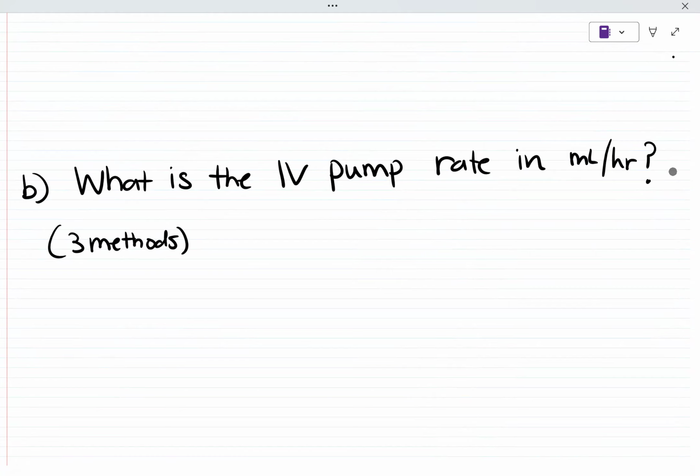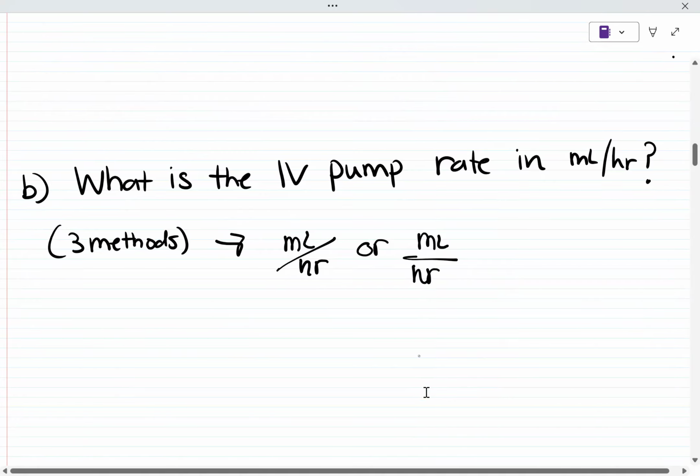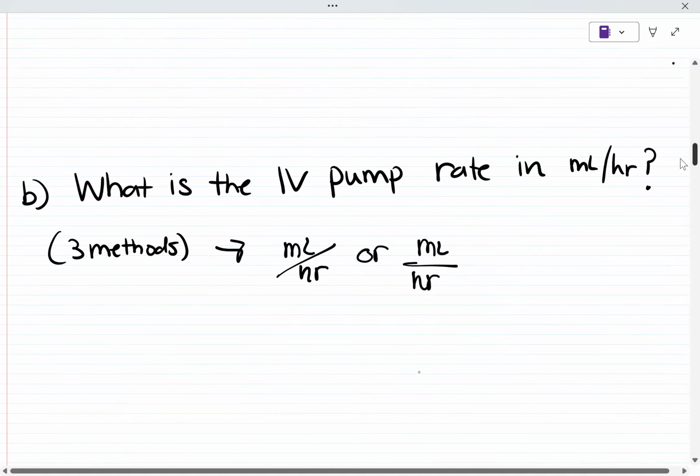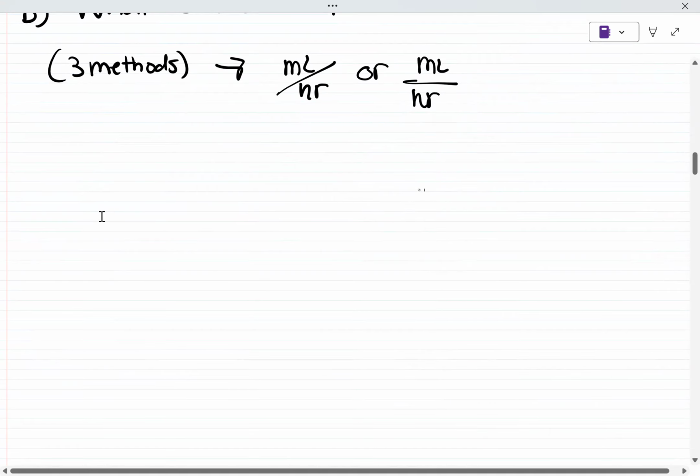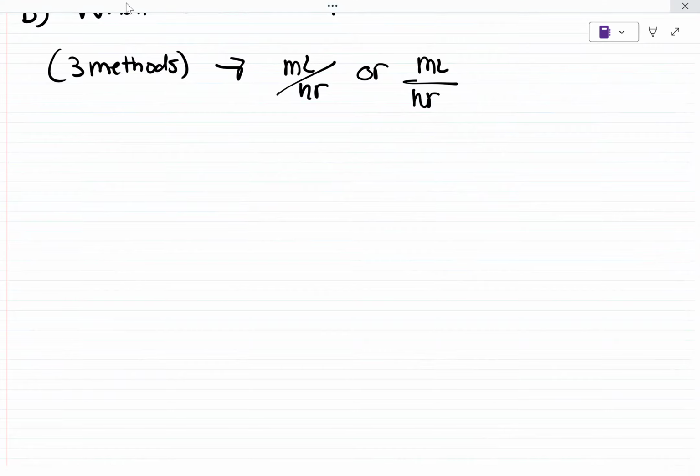So our final answer has to be in milliliters per hour, or you could say mL. Okay, so let's start with dimensional analysis.